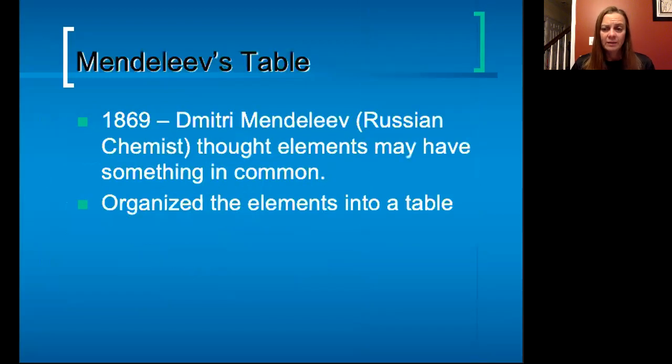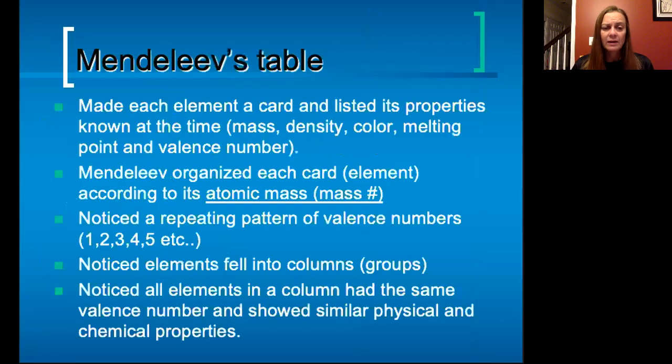And so he organized them into a table. He organized them according to atomic mass. He noted this repeating pattern of valence numbers, which leads to characteristics. And he noticed that all the elements in a column had the same valence number. That's not the same thing as valence electrons. It's how many bonds an atom can make, and that they showed similar physical and chemical properties.